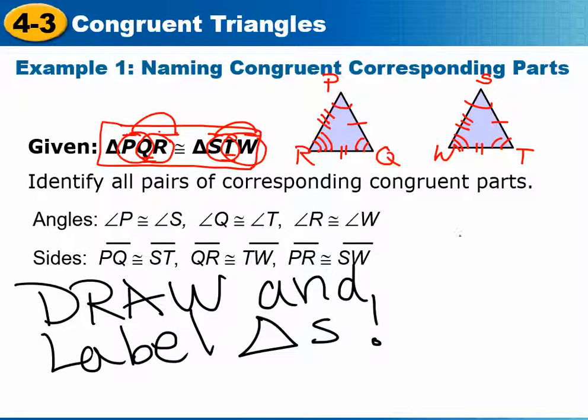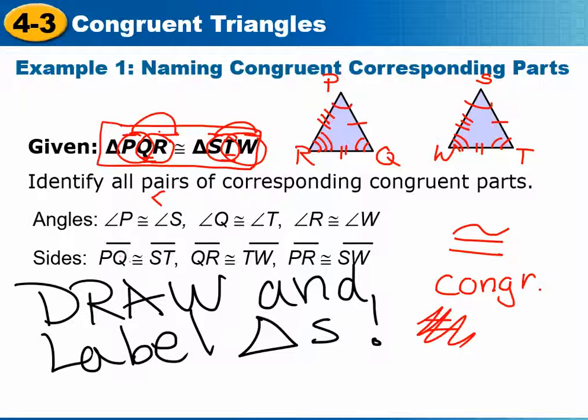Remember, the symbol for congruent is an equal sign with a curve above it. If you're typing, like in Word, and you can't find the symbol for it, you can write the word congruent. Do not use an equal sign to mean congruent. It's not the same thing. So we have angles. You can use the less than symbol to make an angle mark too.